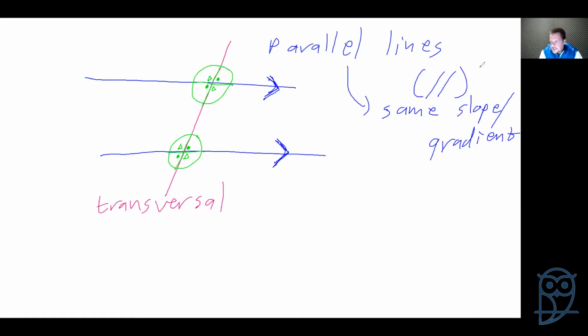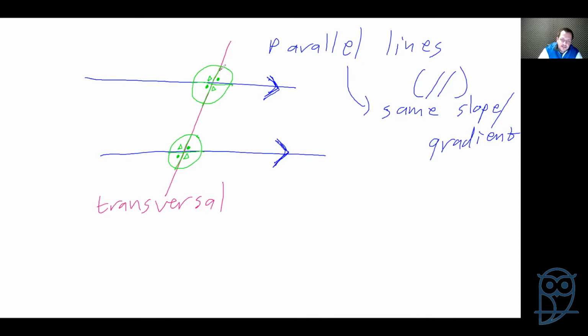So that opens up quite an interesting idea here. And there are three kinds of parallel line angles we are going to be having a look at. And I am going to deal with this in, let's do purple to start.